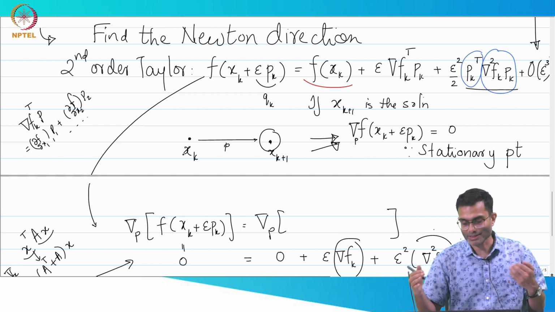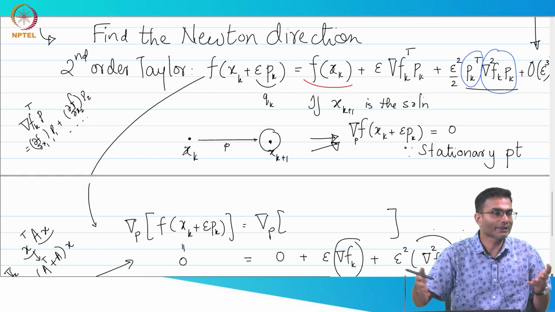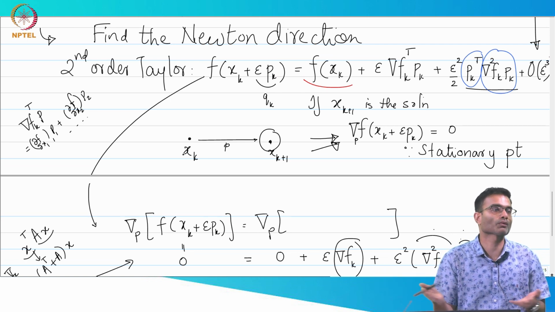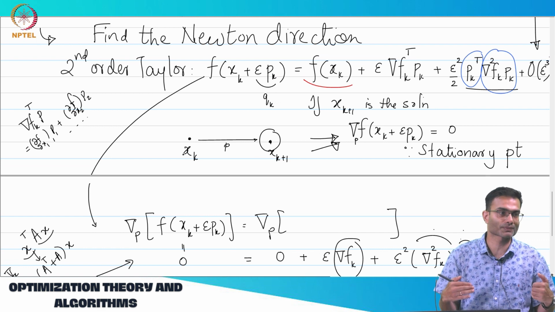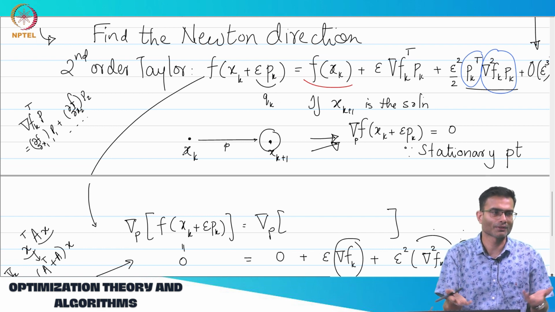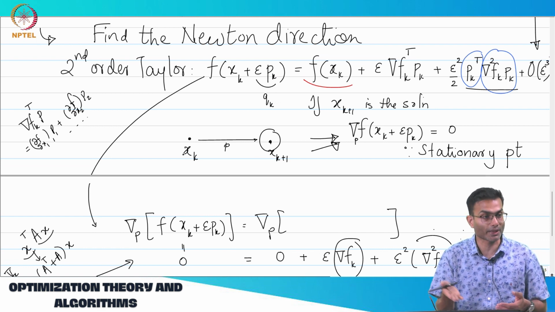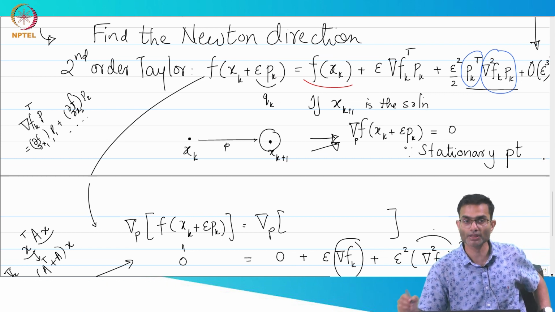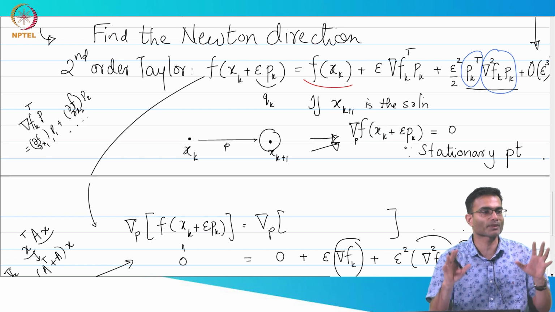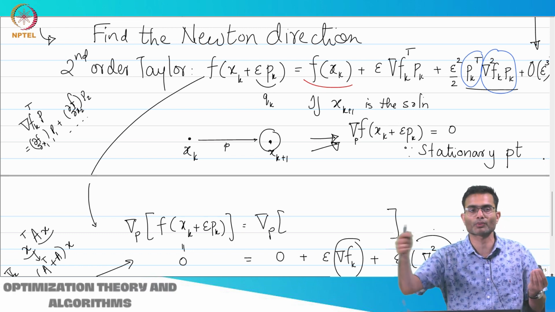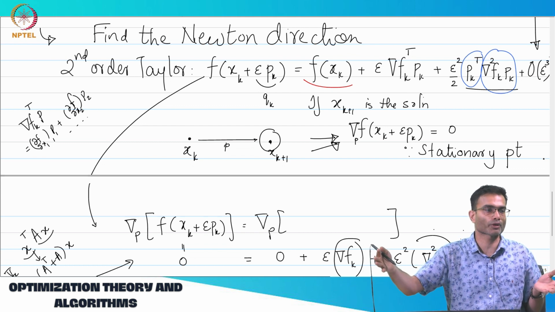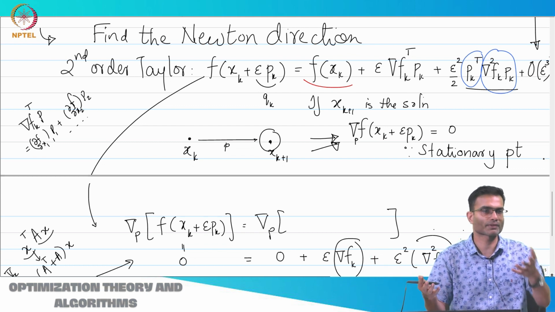In fact, xk plus 1 is simply linearly related to pk. So you can also think of the chain rule here. If you wanted to take gradients with respect to the x's, they are related by epsilon, which is why this epsilon keeps hanging around. But the geometry of the problem is clear. I'm at some point, I want to go to another point. What is changing? It's the p's that are taking me from point A to point B. So let me optimize with respect to that. That was the question?